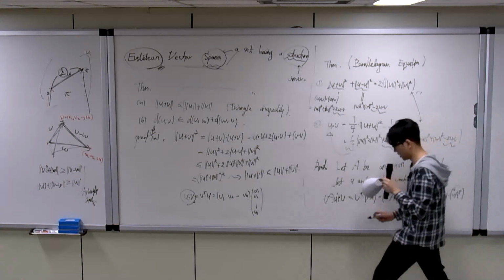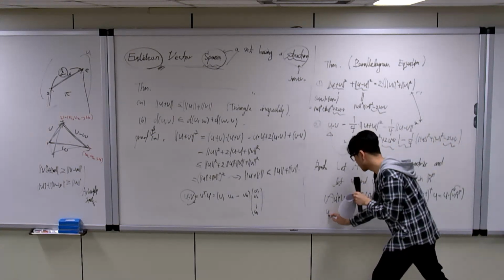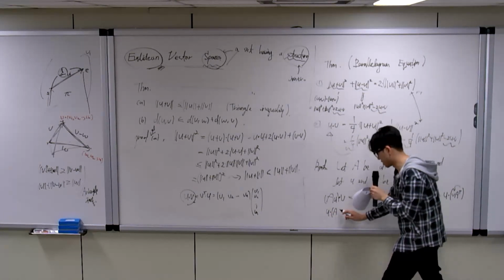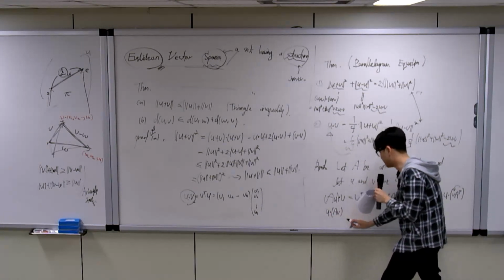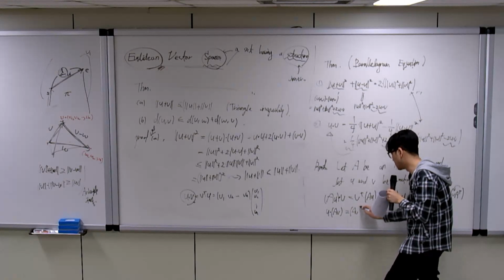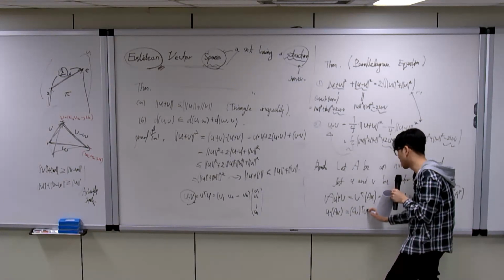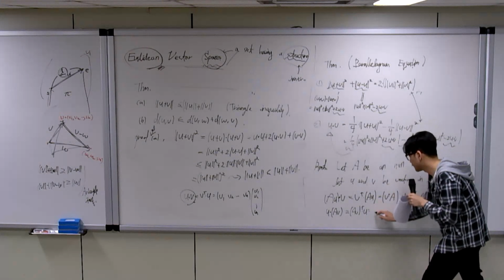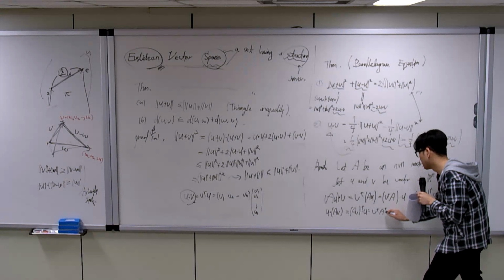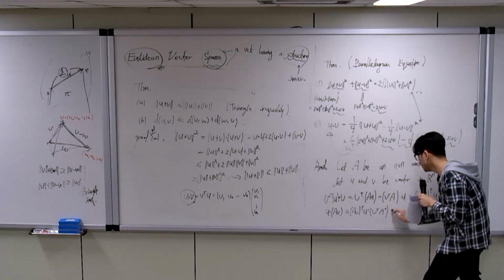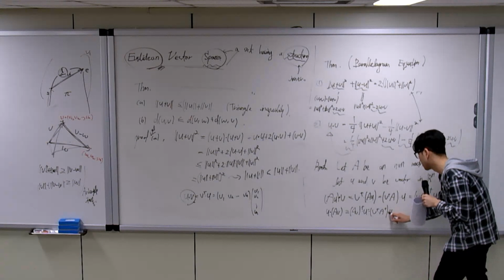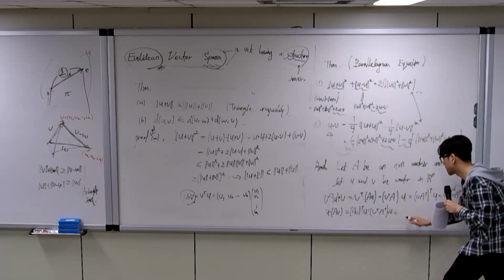And similarly, if you calculate u inner product Av, it is (Av) transpose times u, and it is v transpose A transpose times u.